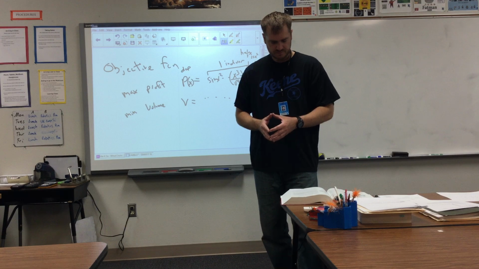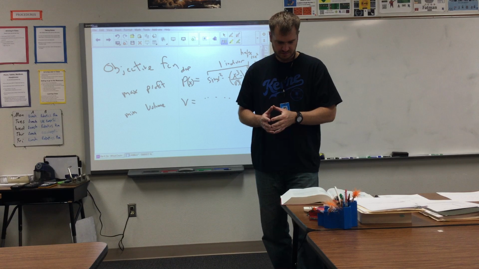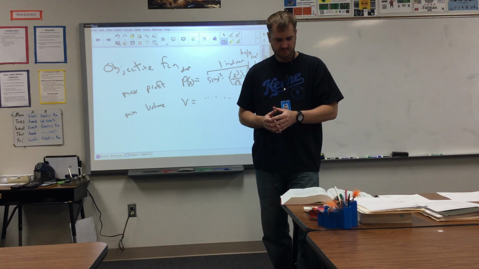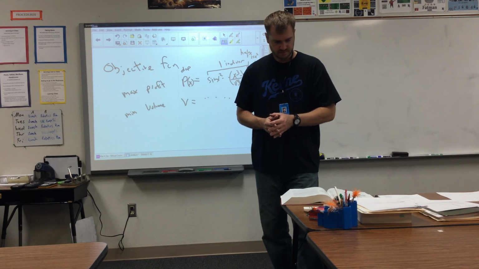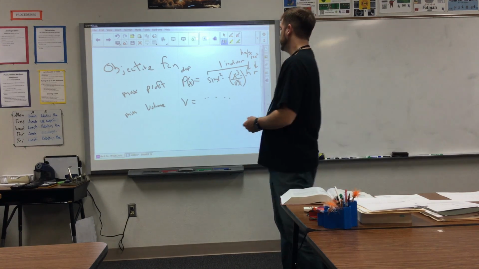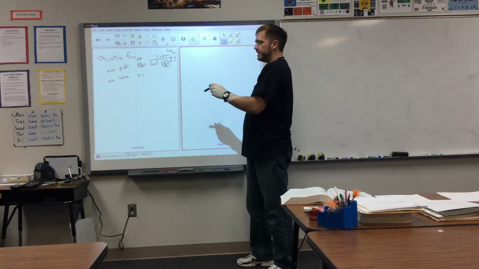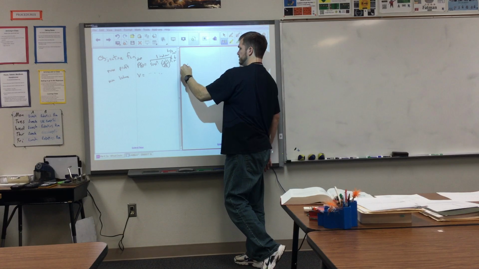Use methods of calculus to find the absolute maximum or minimum value of the objective function on the interval of interest. If necessary, check the endpoints. Okay. So let's just be honest here. What if I gave you a problem that looked like this?